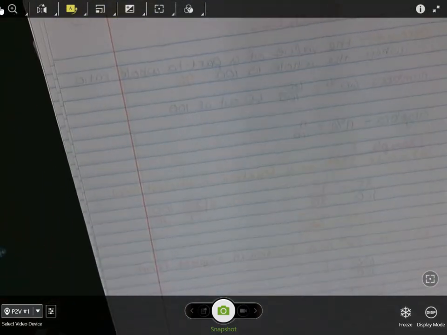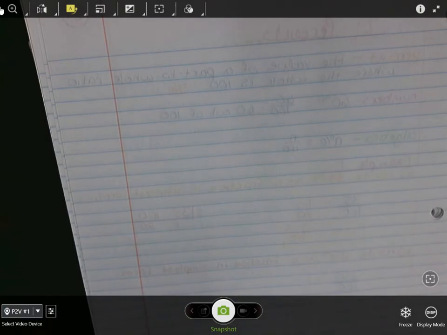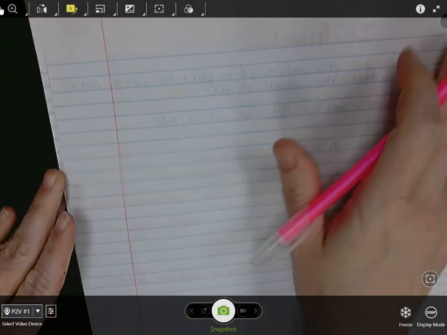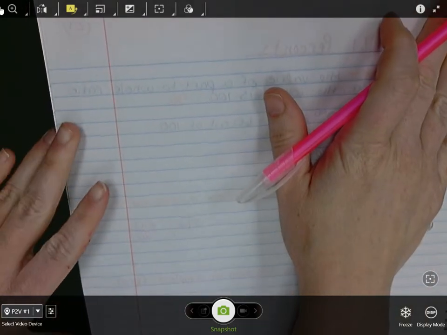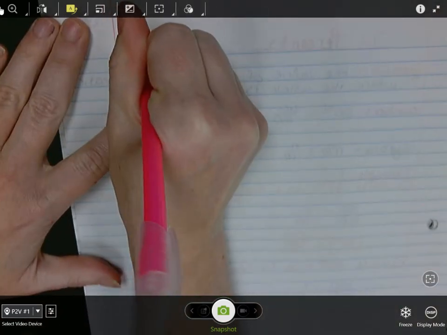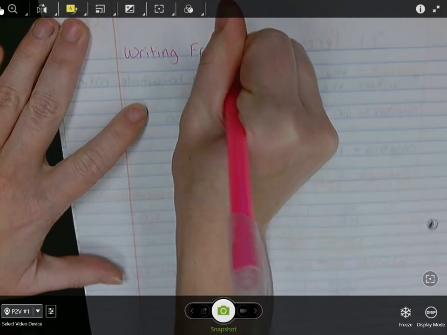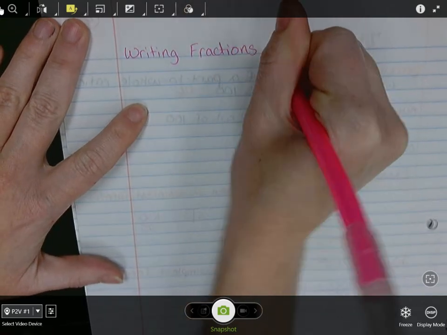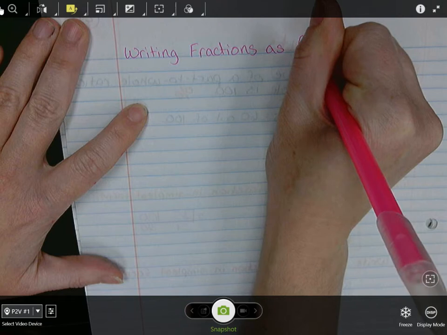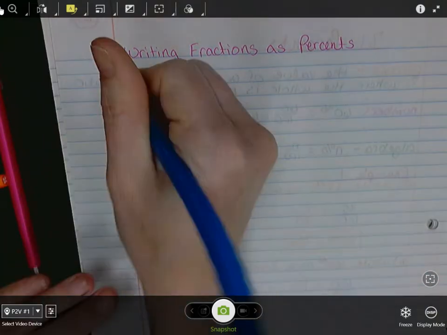Okay, let's say they told us to write fractions as percents. Okay, so what if they gave us the fraction and told us to write it as a percent? Okay, so here's how you would do that. So let's put it into words.